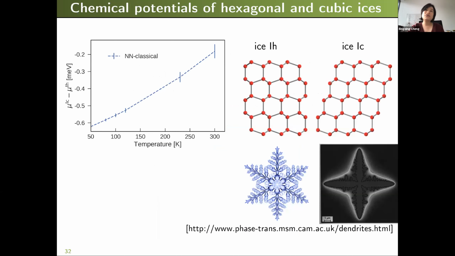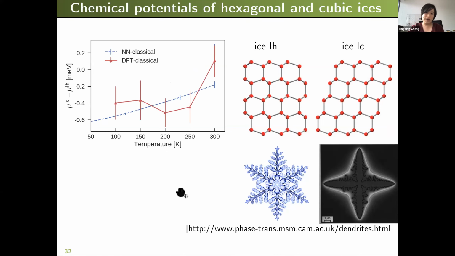And then we are able to predict the chemical potential difference between hexagonal ice and cubic ice. As I mentioned before, we first compute the chemical potential difference at the classical level using the machine learning potential, because otherwise, if we do it directly at the ab initio level, it would not be affordable.